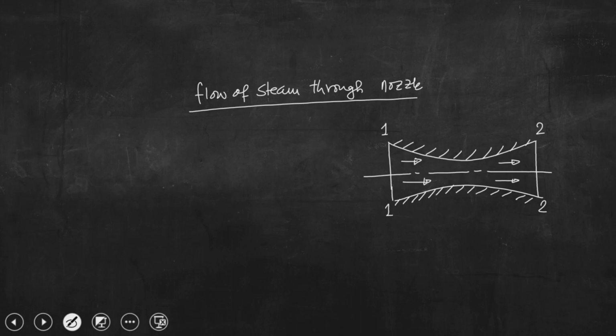What is the basic objective of having this particular device for the operation of the steam power plant? We have discussed that the steam which is produced in the boiler or steam generator should be taken to the turbine for producing work.